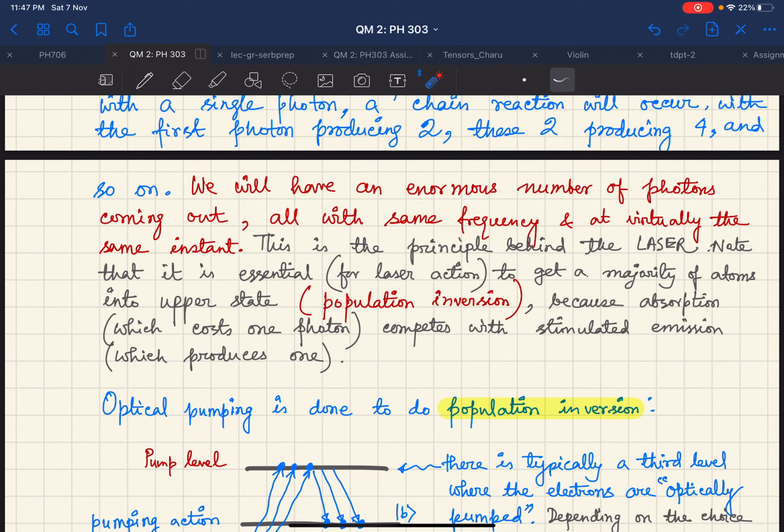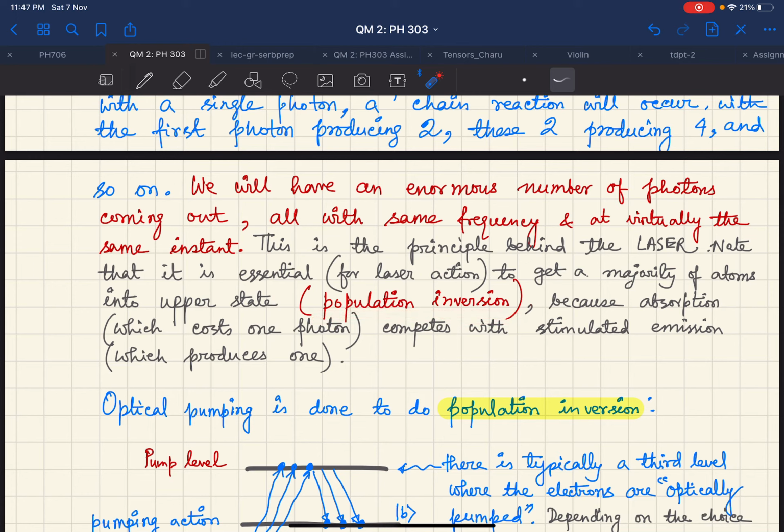Of course, you have to understand that for laser action to hold, you always have to have the majority of the atoms in the upper state, which itself is a very hard job to do, and this is known as population inversion.